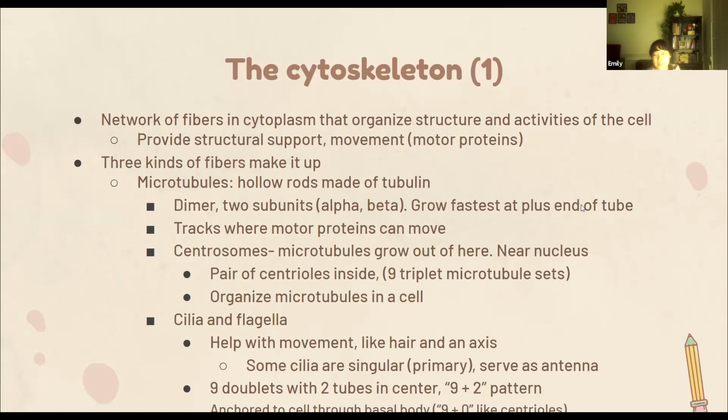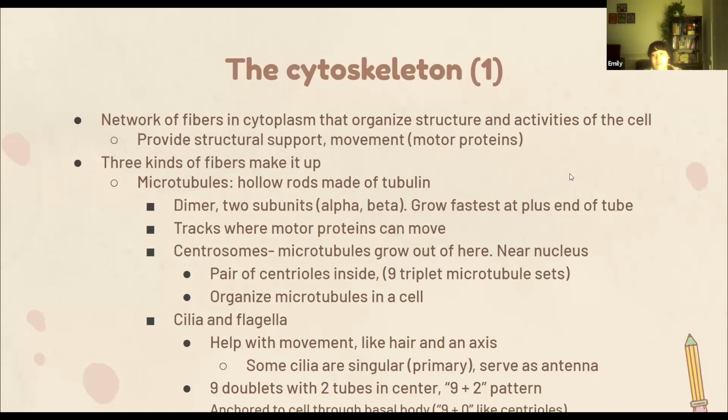Okay, anyway, the cytoskeleton is a network of fibers in the cytoplasm that helps support the cell structure and also movement. There are three main kinds of cytoskeleton fibers. The first one is microtubules. What you need to know is that a microtubule is a hollow rod made out of the protein tubulin.